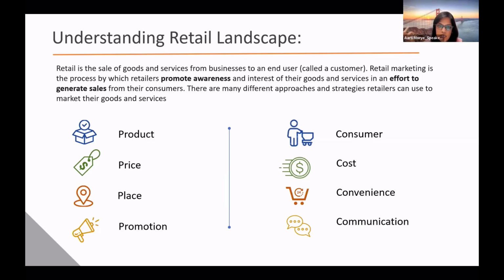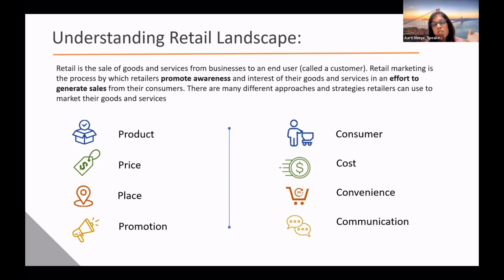Traditionally, in the retail industry, there are four pillars or four principles, which are on the right side. Product, price, place, and promotion are the four pillars on which the retail industry has been working traditionally.